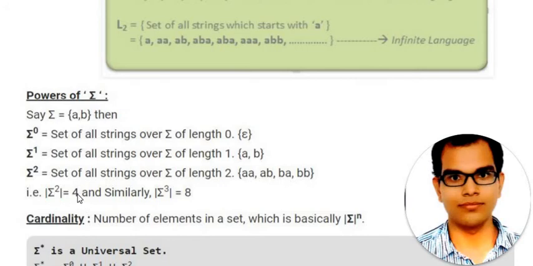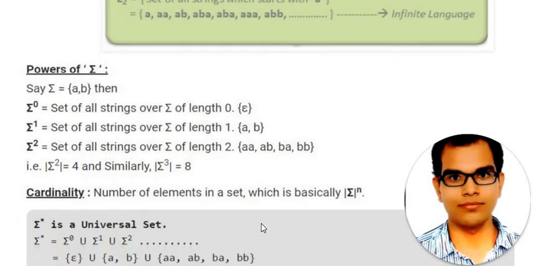So we can say this is a finite language, because 4 we can count. Similarly, sigma to the power 3 gives 8, as I already informed in the previous lecture: AAA, AAB, ABA, ABB, BAA, BAB, BBA, BBB. So that is totally 8.